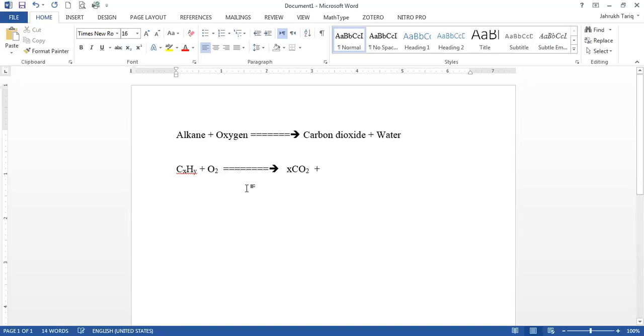And after that, for water, take a look. The number of hydrogen atoms present over here is divided by 2, and then that number is considered for water. Okay? So in order to put a formula for water, we are going to take that Y and divide it by 2 before we put it for water.